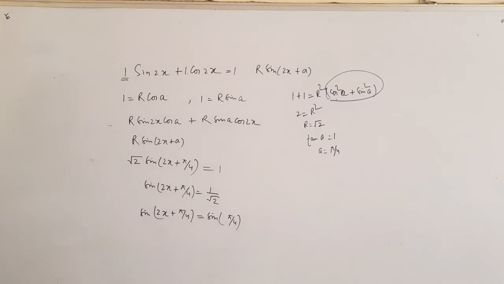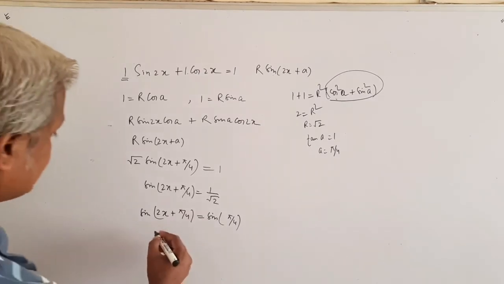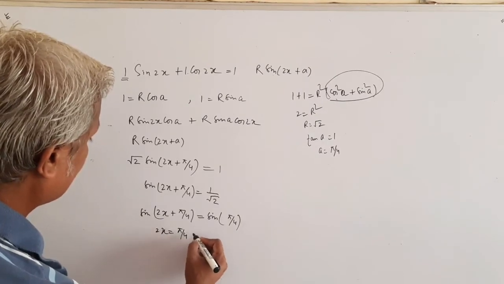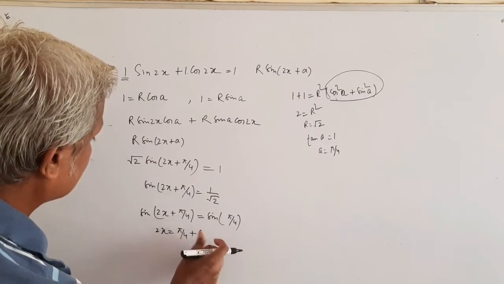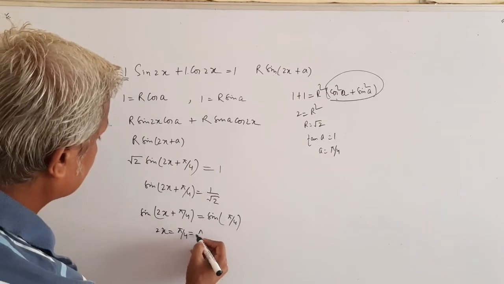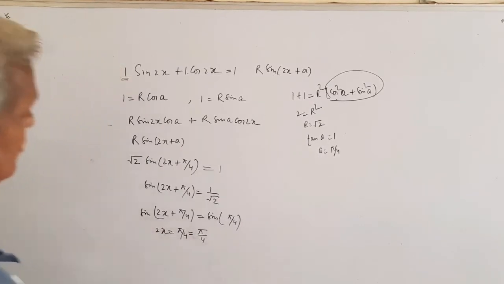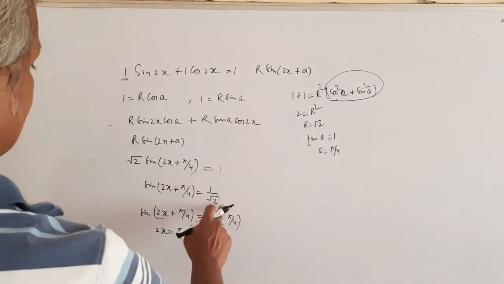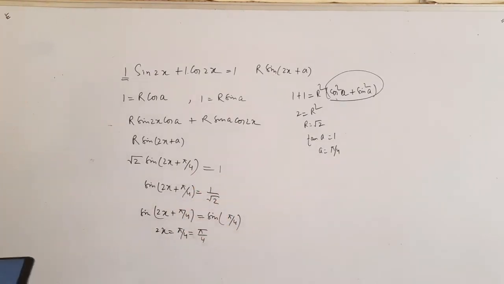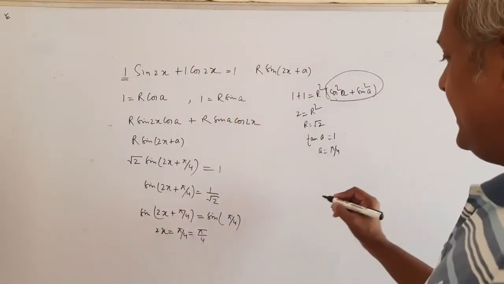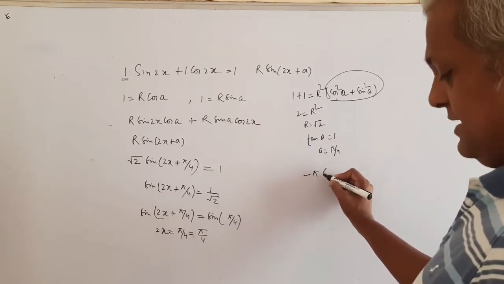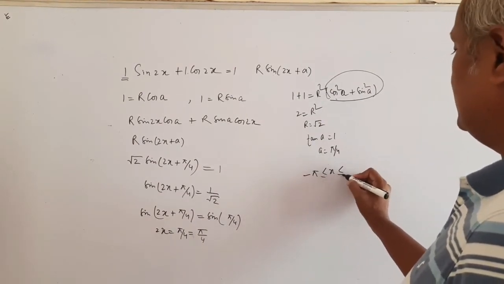Okay, exact value. So we get 2x equal to pi by 4 plus pi by 4. But the question is that this 1 by root 2 can be, because the limitation given here is that x should be between minus pi less than or equal to x less than or equal to pi.